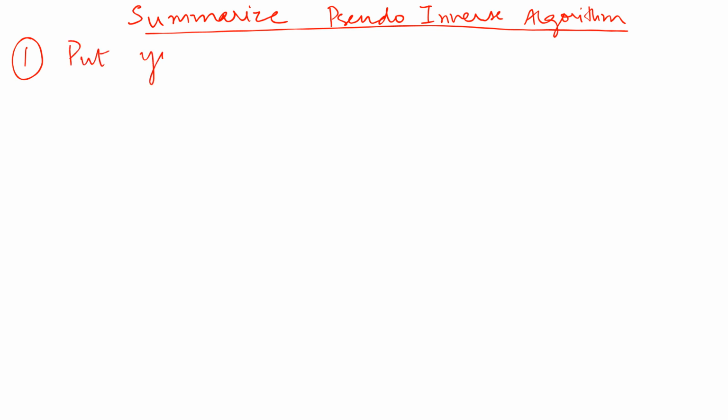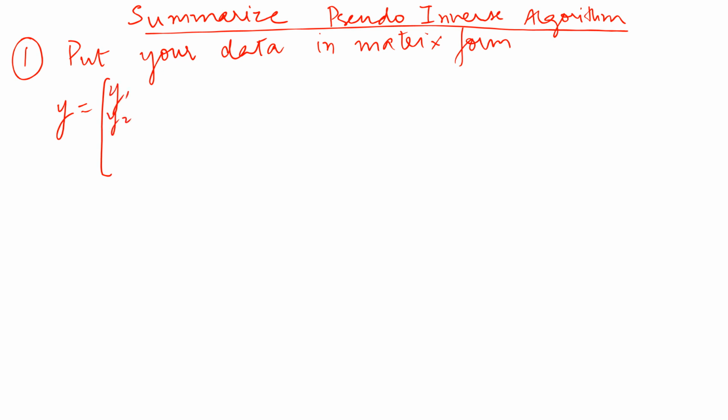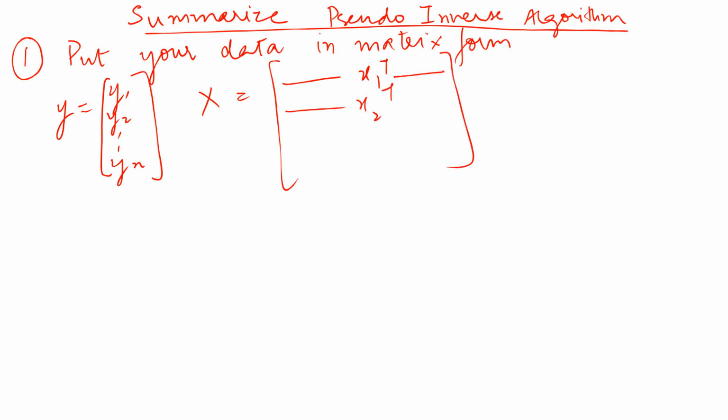So basically, this is my y, all the y values that I have, y1, y2, and so on up to yn. And X, if you remember, is x1 transpose, x2 transpose, and remember these are the augmented vectors, up to xn transpose. So that's getting your data ready.